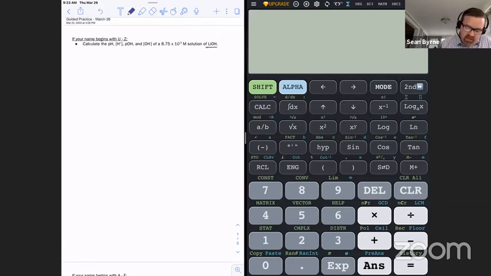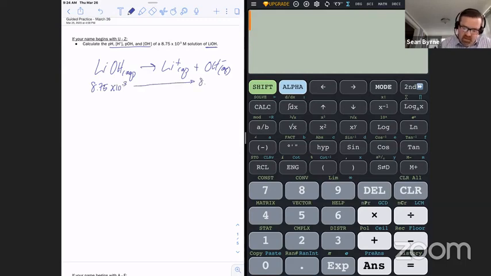So we're looking at lithium hydroxide, and we're being asked to find the same 4 quantities that we have done before. So I'm going to start by writing an equation. And I'm going to recognize that if I have 8.75 times 10 to the minus third molar concentration of LiOH, that gives me 8.75 times 10 to the minus third molar concentration of hydroxides.